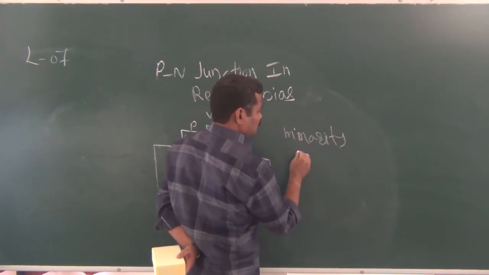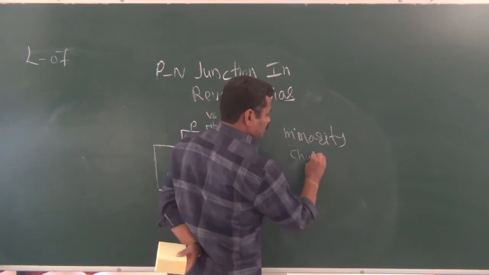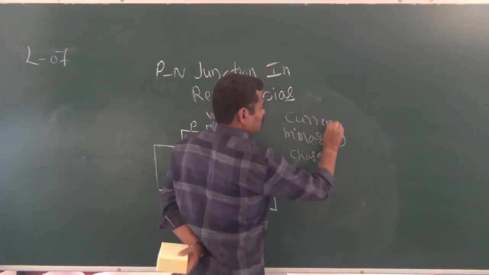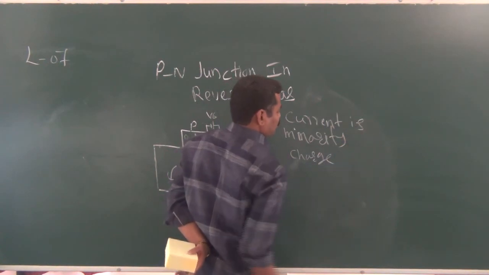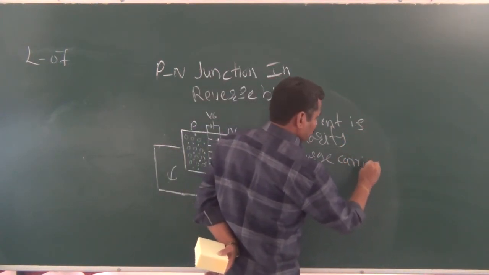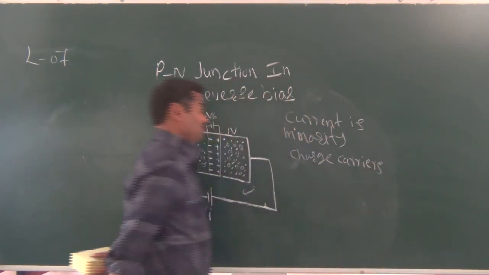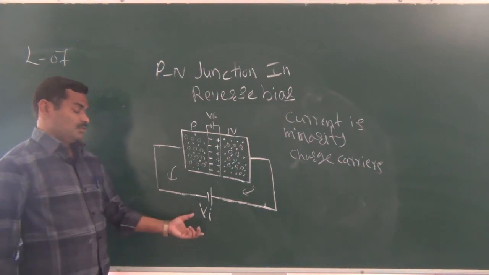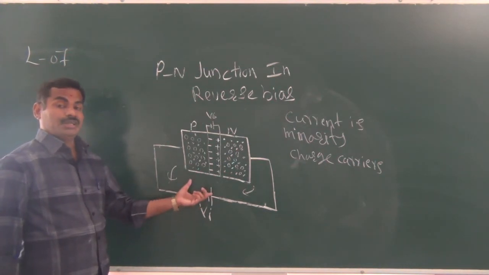In reverse bias, the current is because of minority charge carriers. Don't confuse. In the reverse bias, the current is because of minority carriers.